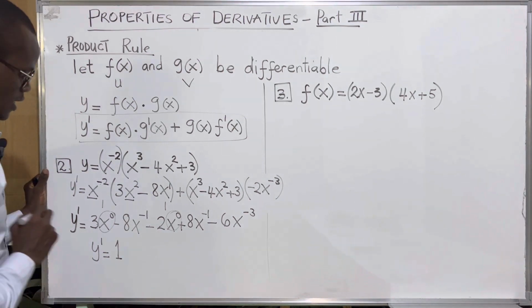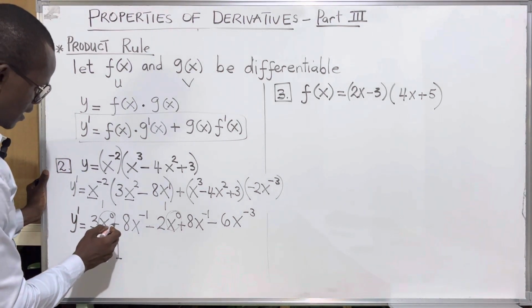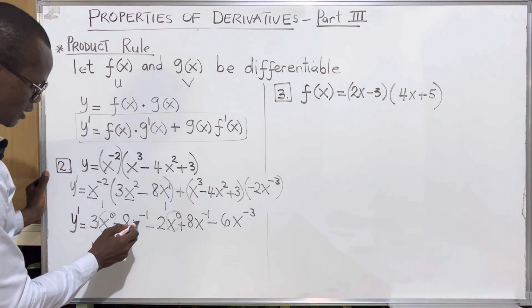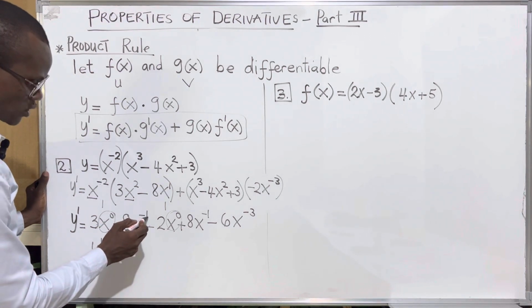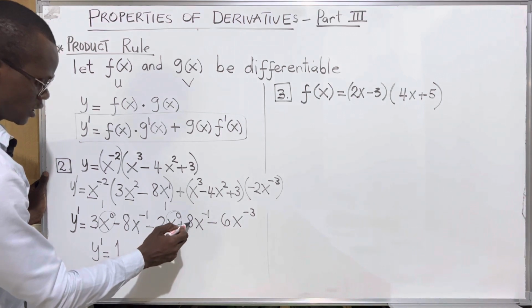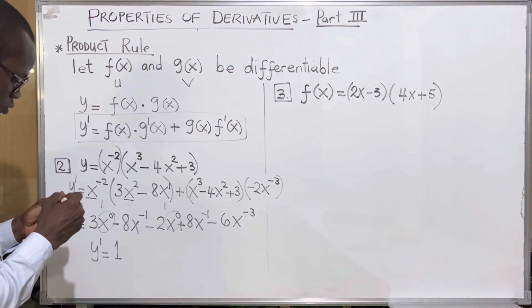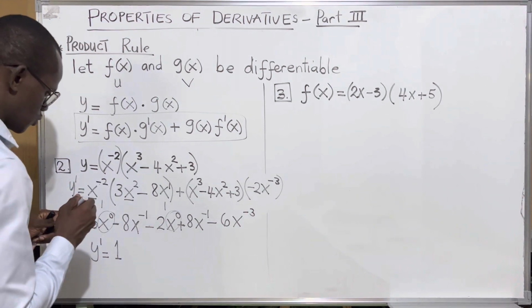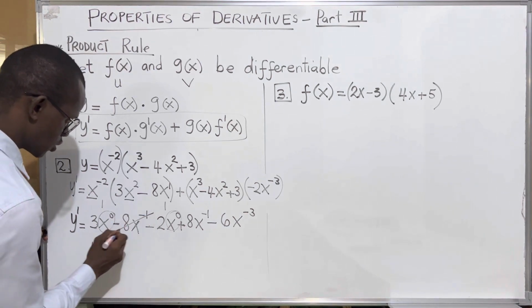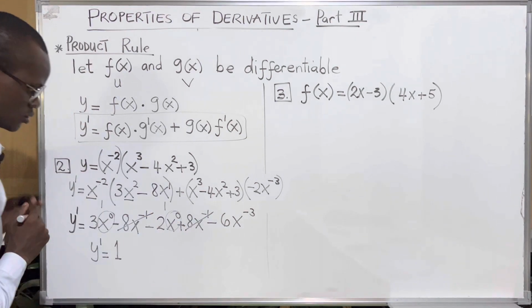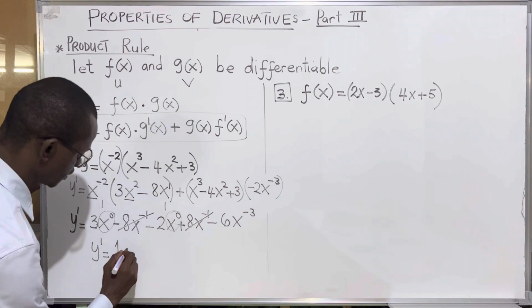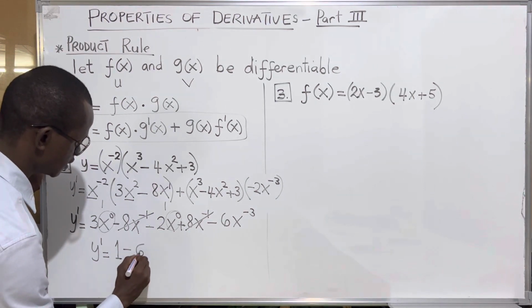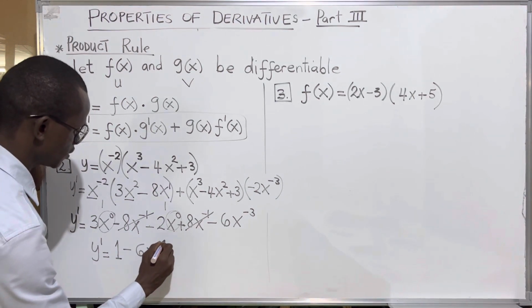Now this is minus 8x raised to the power minus 1, and this is plus 8x raised to the power minus 1. So what do you observe? We observe that this one can cancel this expression. So we are just left with minus 6x to the minus 3.